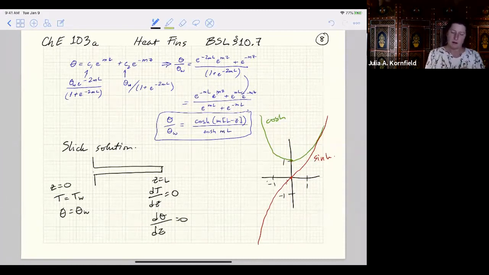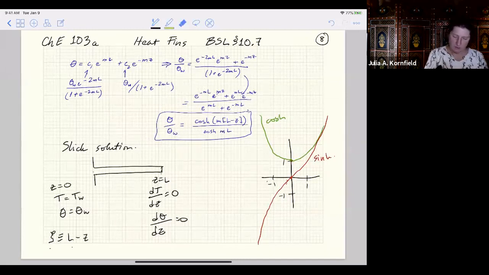Huh, okay. What if we do a change of coordinates? How about we try introducing a coordinate c that I define as L minus z. Why do I do that? So that I move this boundary condition to c equals 0, and then clearly cosh is going to be the solution and sinh isn't, right? So that's a nice way to frame the problem.